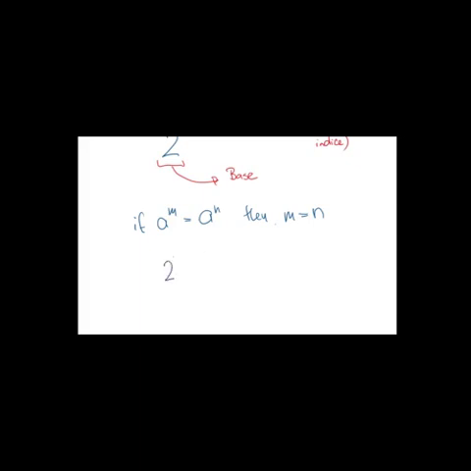So 2 to the power of 3 equals 2 to the power of x, and I want you to solve for x. Well, there's only one possible way that this can be true, and that is if 3 equals x, or if we want to rearrange it, if x equals 3.